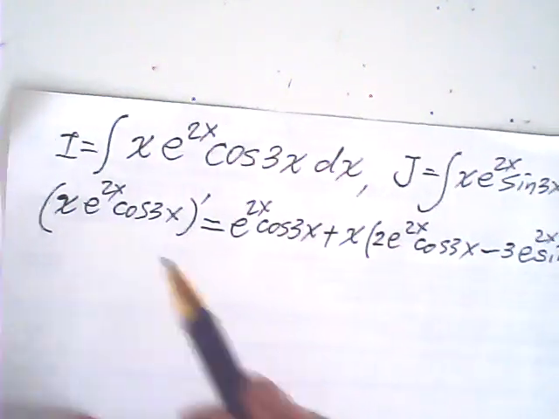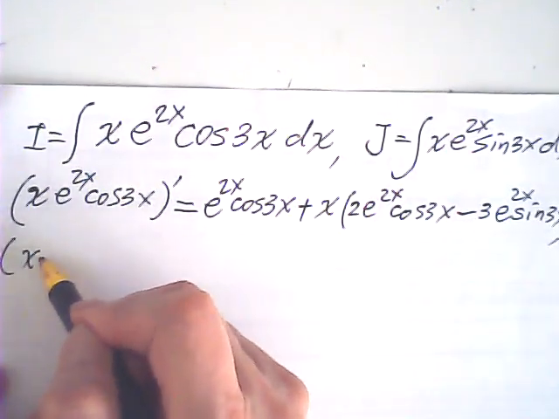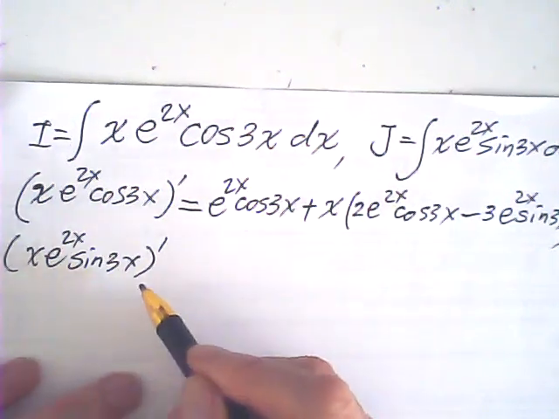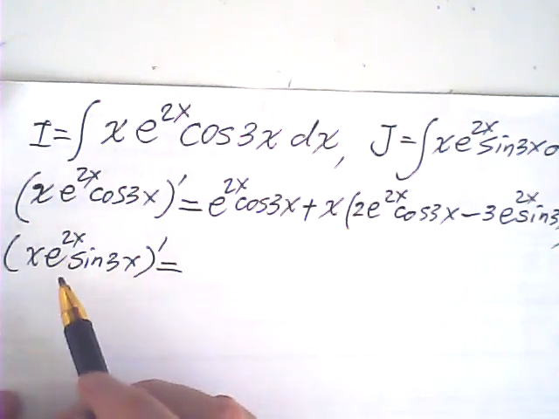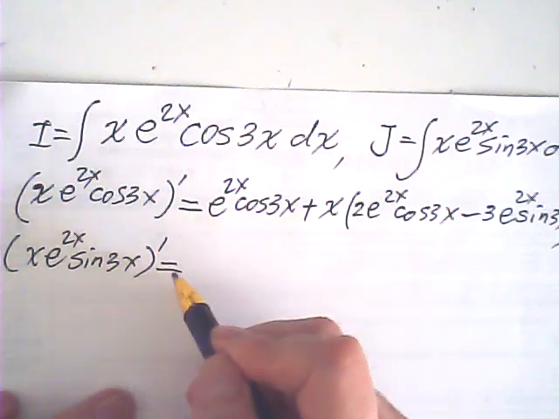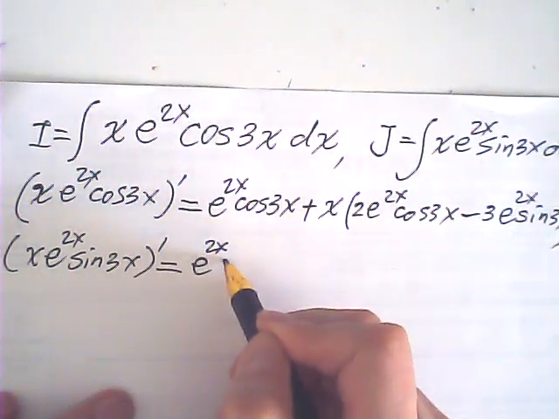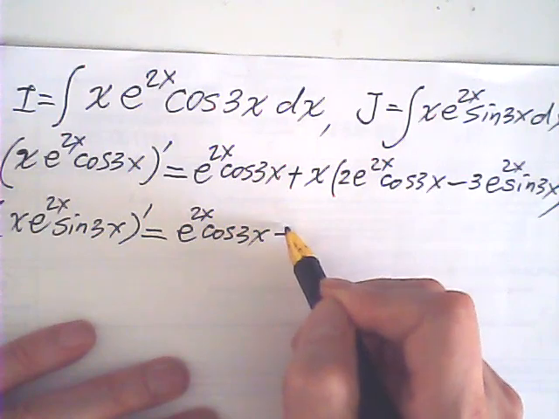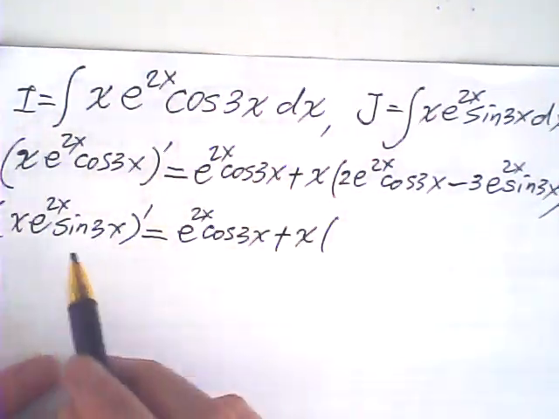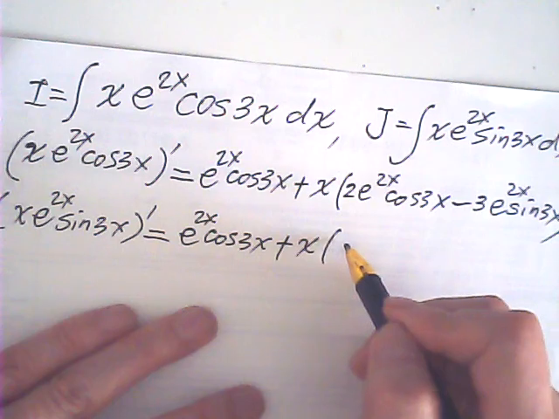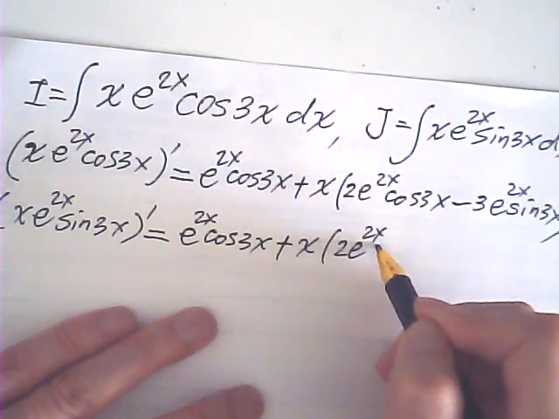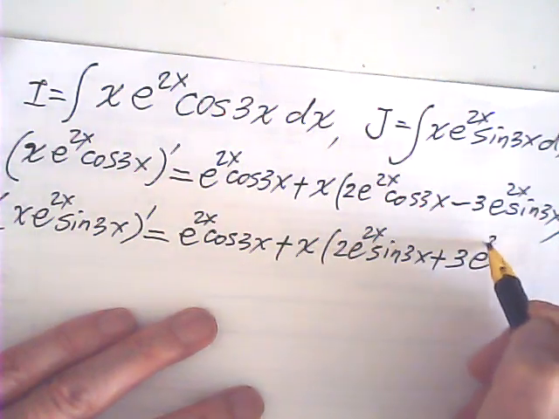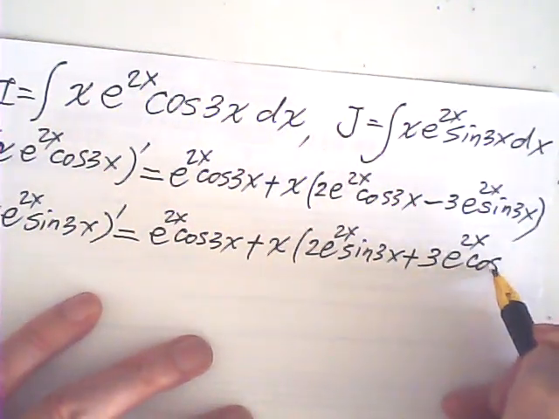Okay, good. Now the derivative of x e to the 2x sine 3x with respect to x, using the product rule: the derivative of x is 1 times e to the 2x sine 3x, plus x times the derivative, which would be 2e to the 2x sine 3x plus 3e to the 2x cosine 3x.